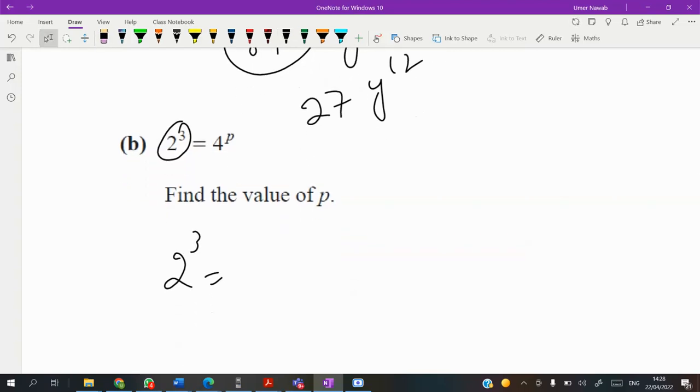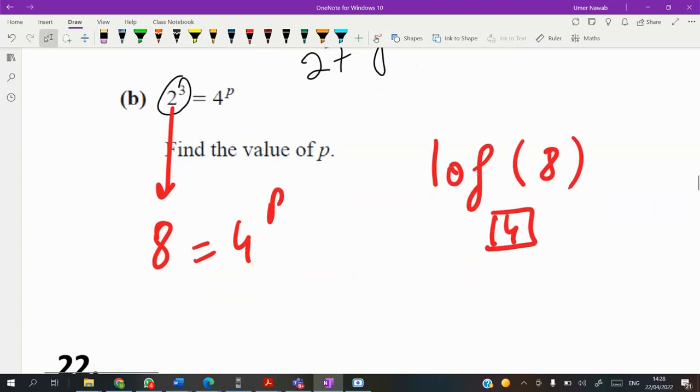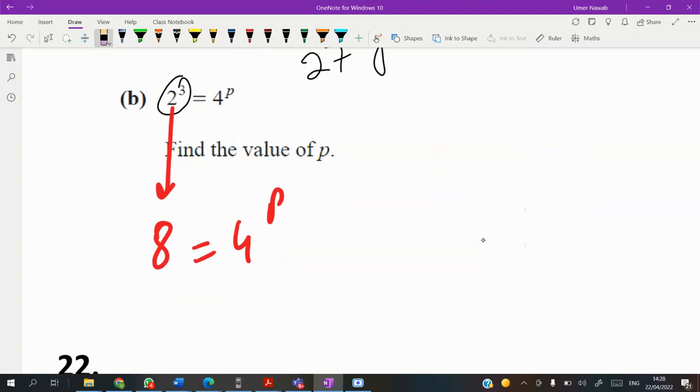I can use the calculator, equation solver, or logarithms, anything can be used. But here I'm going to write this answer: 2 raised to the power 3, which is 8, and this is 4 raised to the power p, log base 4 of 8.